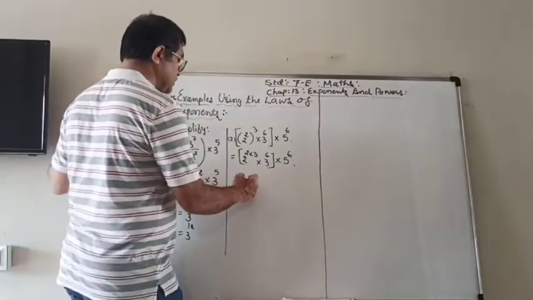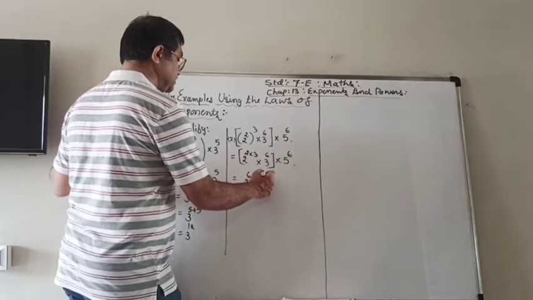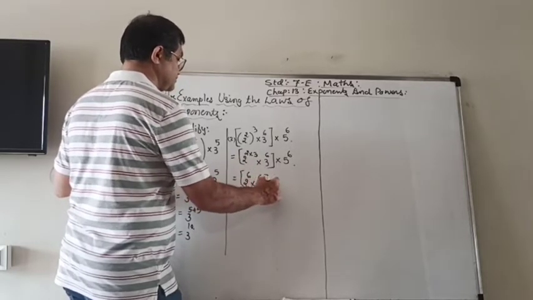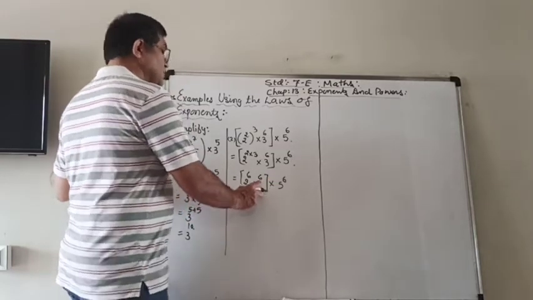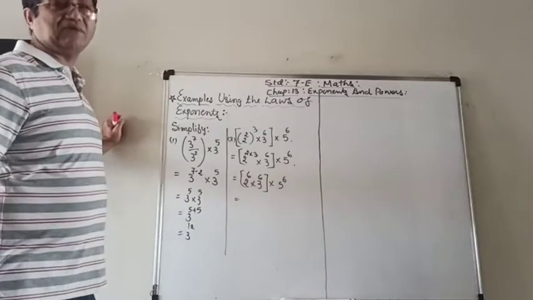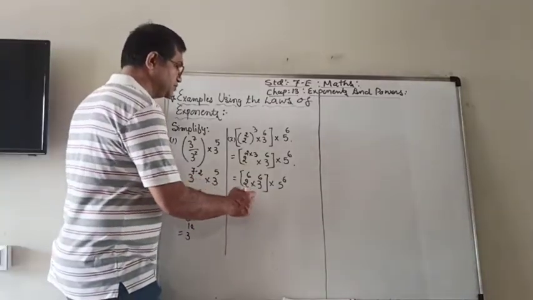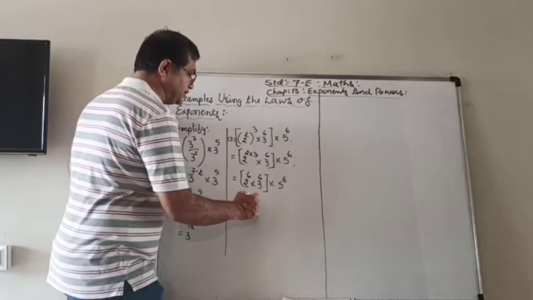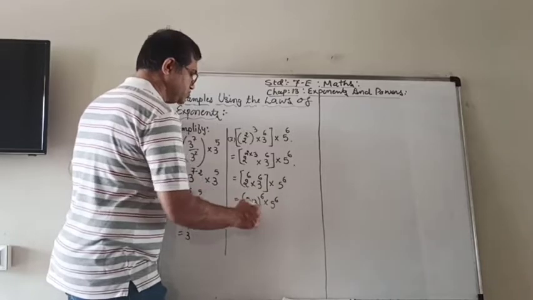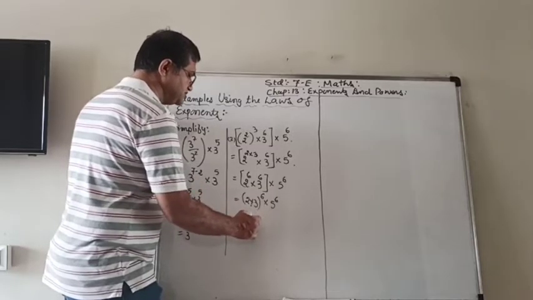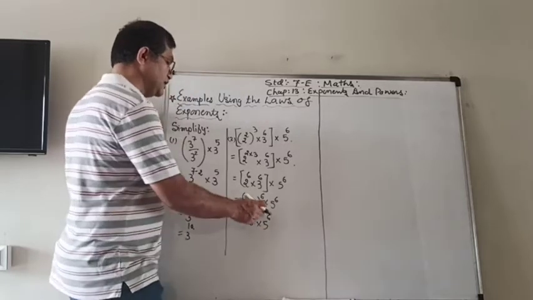Now 2 raised to 2 threes are 6, and 3 raised to 6 also. Now we saw that when the bases are different but the powers are equal, then also we have a rule: 2 multiplied by 3 whole raised to power 6. It means 6 raised to power 6, multiplied by 5 raised to power 6.